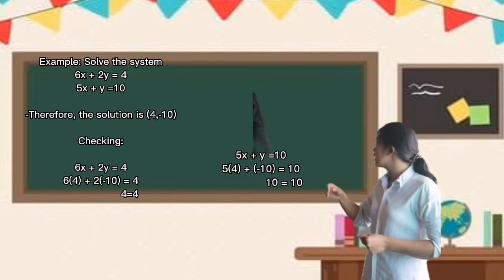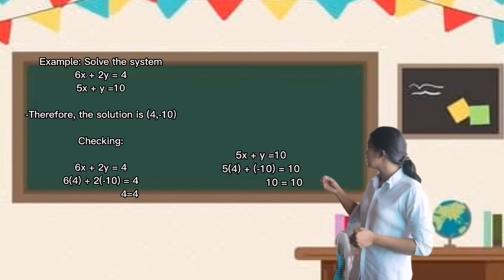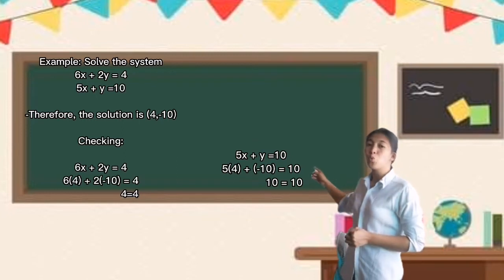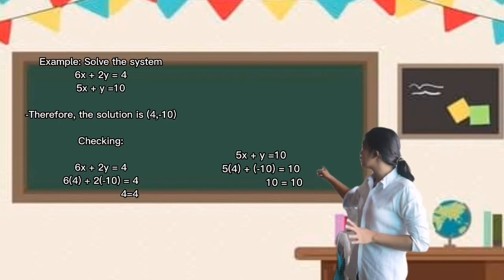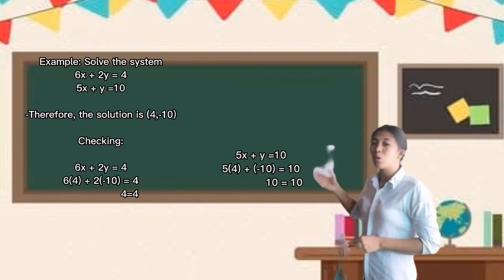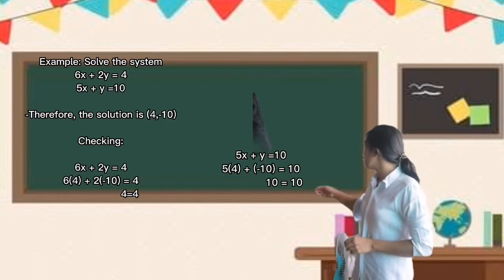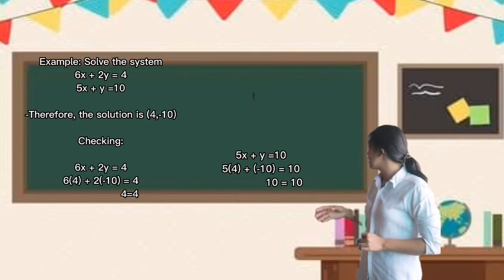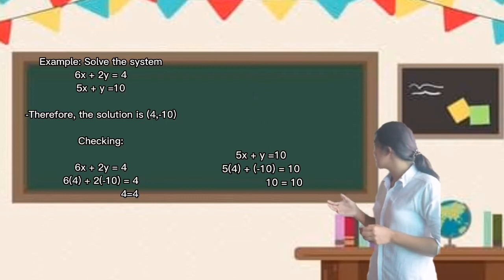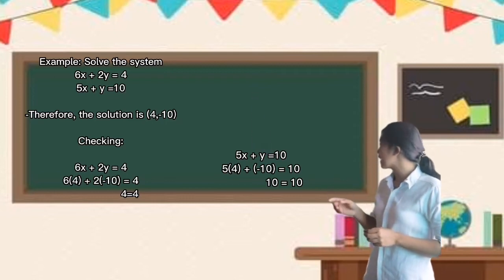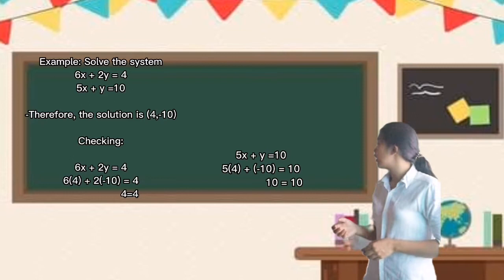Substitute 4 for x. So, 6 times 4 plus 2 times negative 10 is equal to 4. Both sides are the same, so this equation is true. 6x plus 2y is equal to 4.